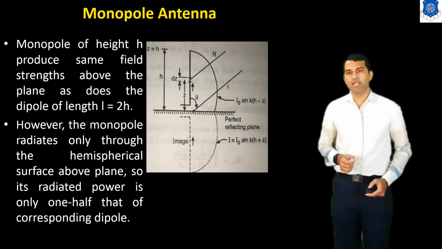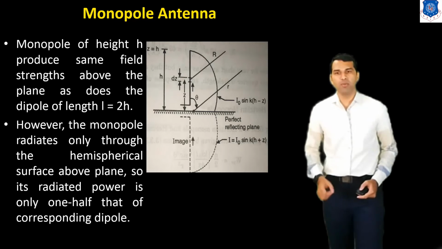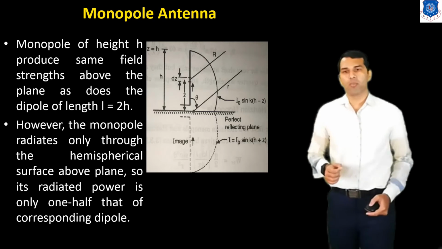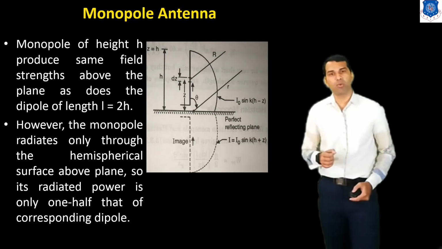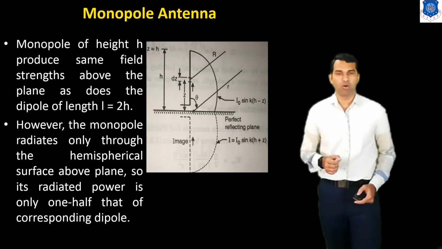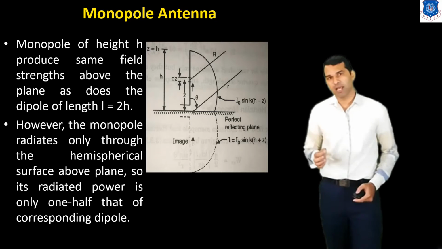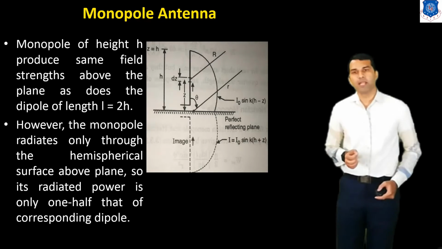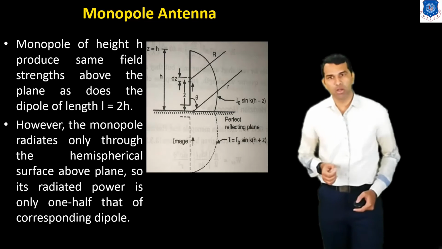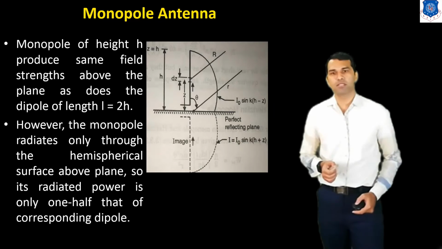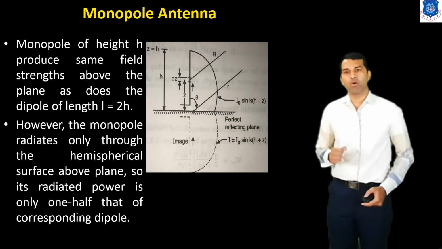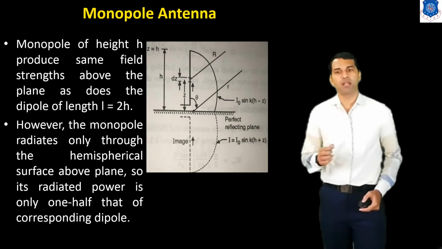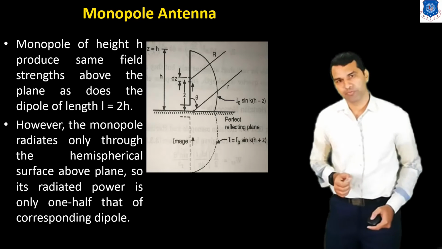So its radiated power is only one half that of the corresponding dipole, because the monopole has only one element, a single element. The radiation of this monopole is over the hemispherical surface above the plane, so its radiated power is only one half that of the corresponding dipole.